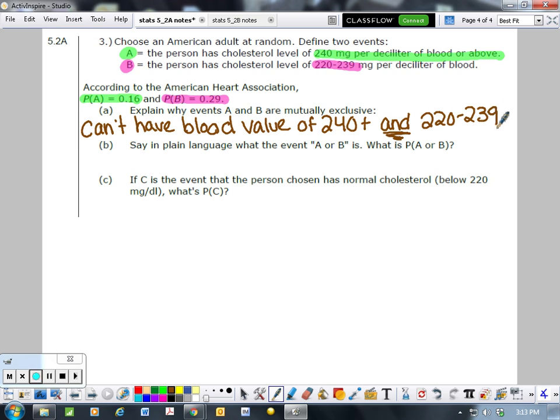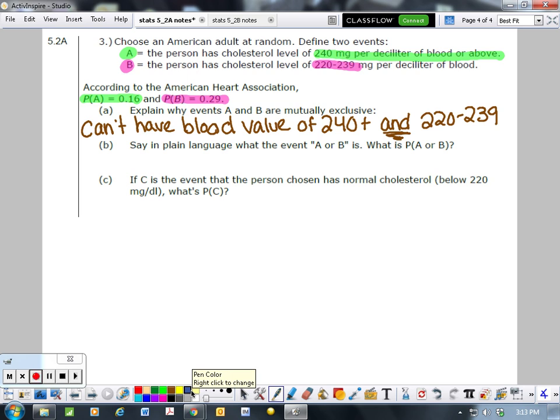You're in one range or you're in the other. It cannot be both. That's why they're mutually exclusive. And by definition, mutually exclusive, they can't be in both groups. So, say in plain language what the event A or B is. What is the probability of A or B?